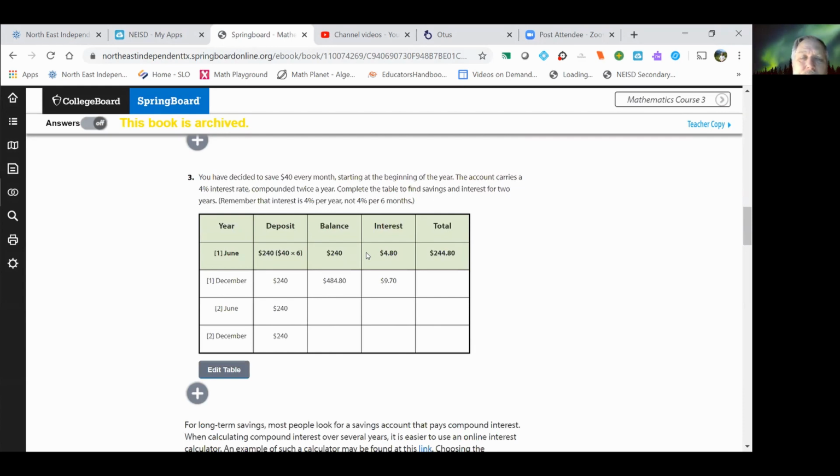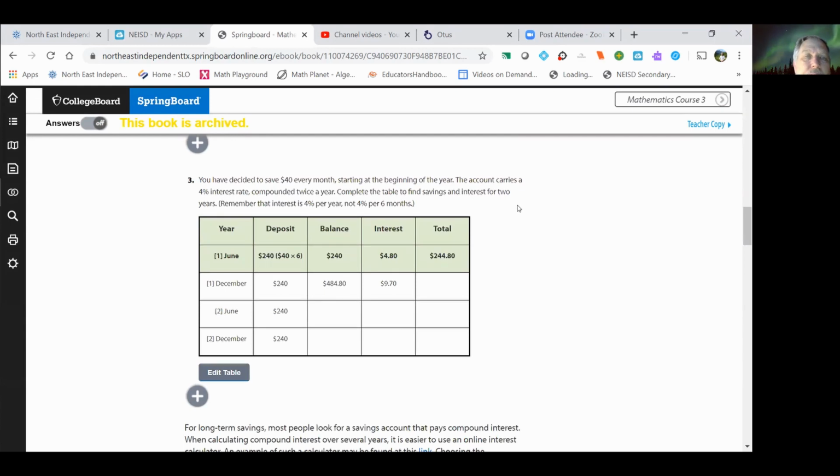And look at the way we write this out. The interest is equal to the principal times the rate times the time. And this is an annual rate. So if we want to write this, it's going to be the principal times the rate and the time.